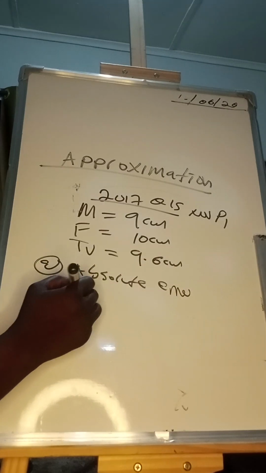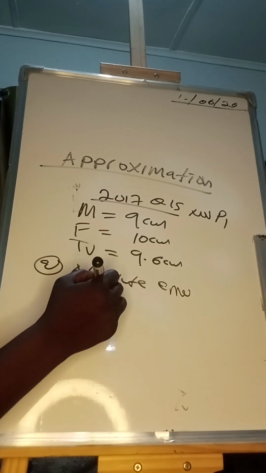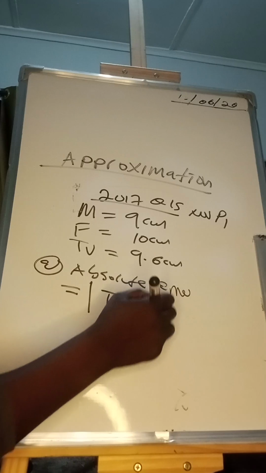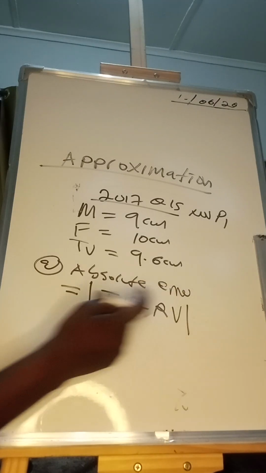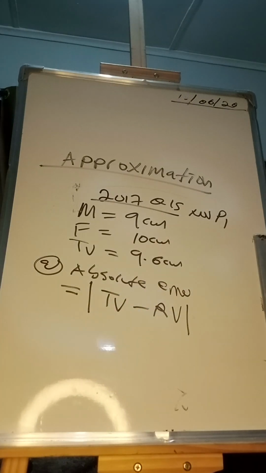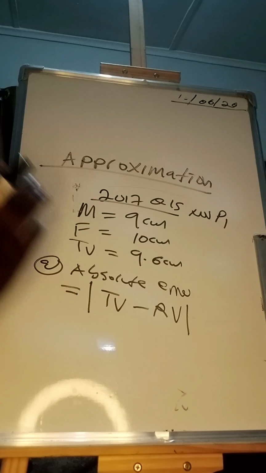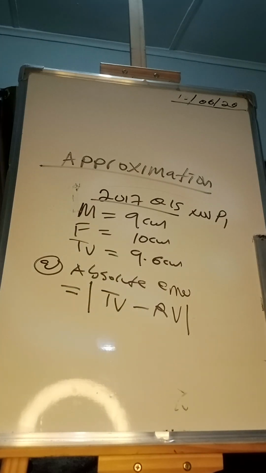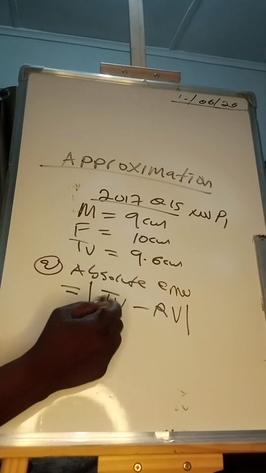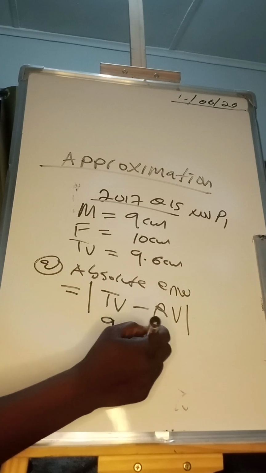You know that absolute error is the difference between the true value and the recorded value. I normally switch these, please check for me and tell me in the comment section. So true value has been given to be 9.6 minus recorded value, which is 9.